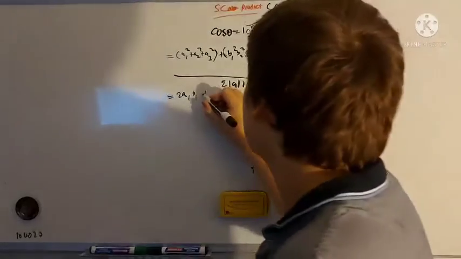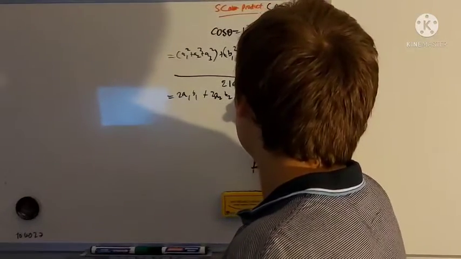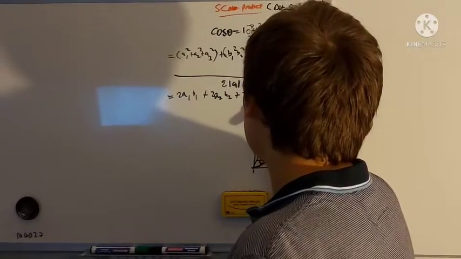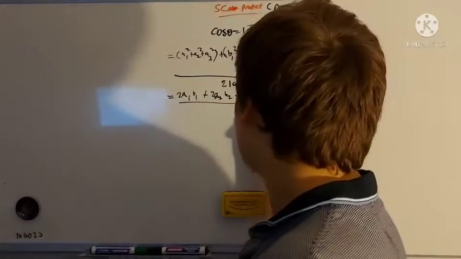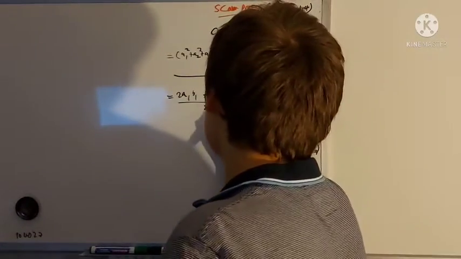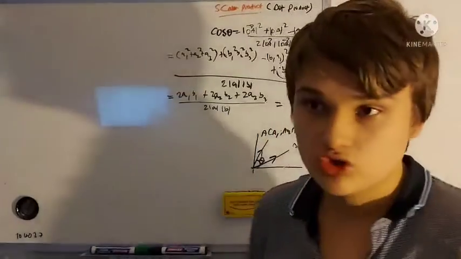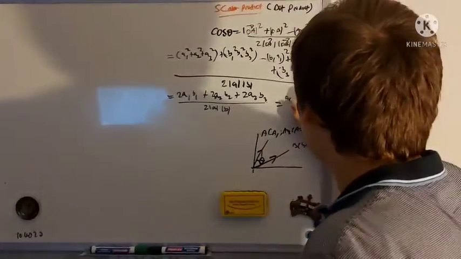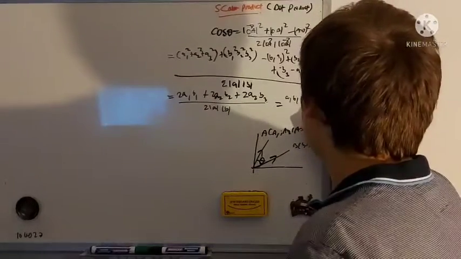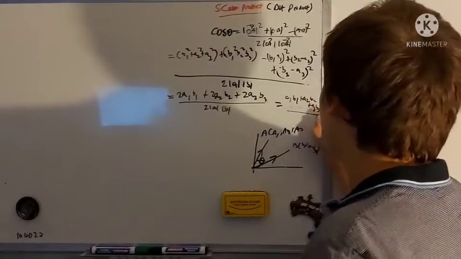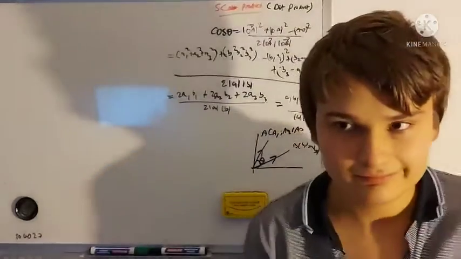Plus 2A2 B2, plus 2A3 B3, all over 2 times the modulus of A times the modulus of B. Because your 2s always cancel out, I get A1 B1 plus A2 B2 plus A3 B3, all over modulus of A times modulus of B.